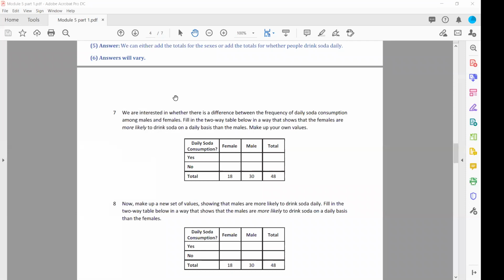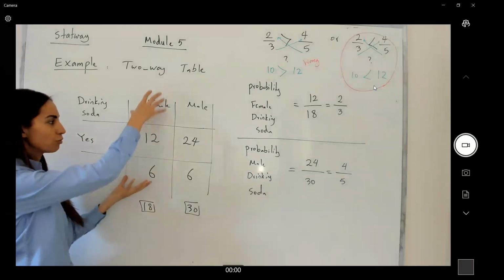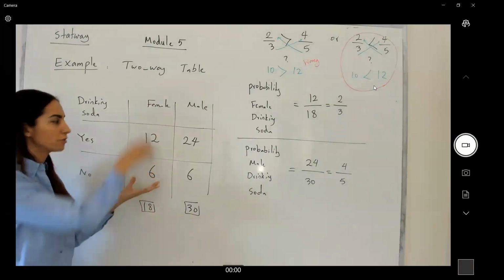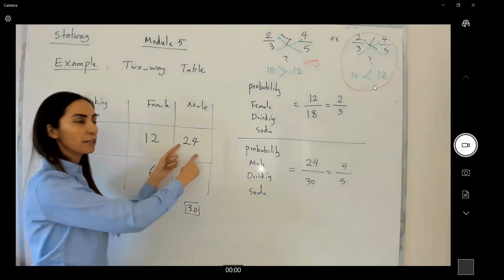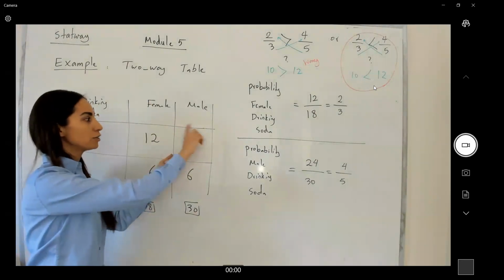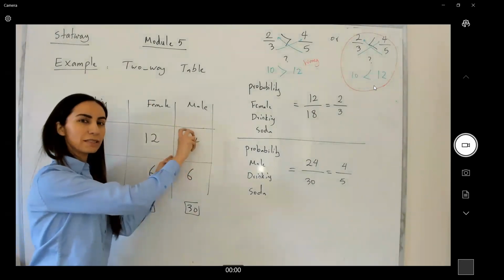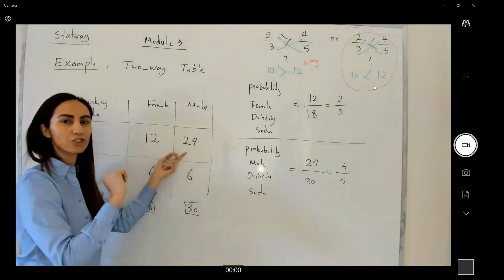What are some random numbers you can use that make the first fraction greater than the second fraction? So think about it this way. You want to have the likelihood of a female drinking soda be greater than the likelihood of a male drinking soda. If you make this size smaller, you get a smaller fraction.